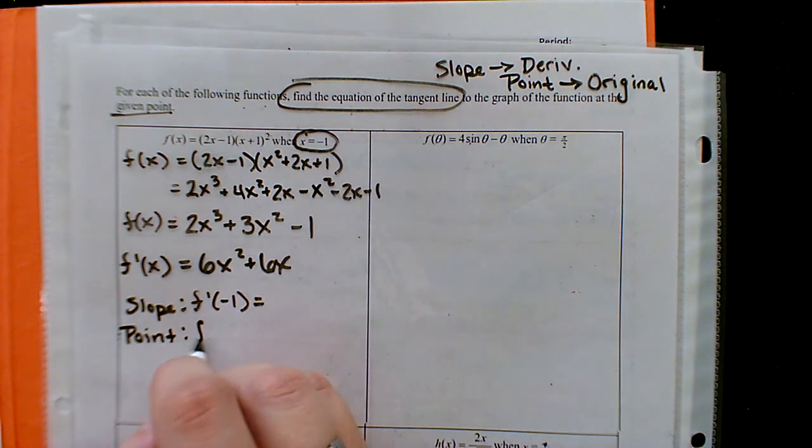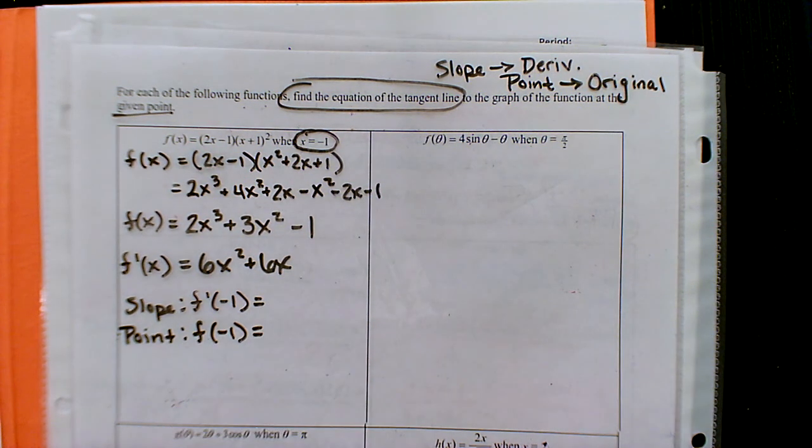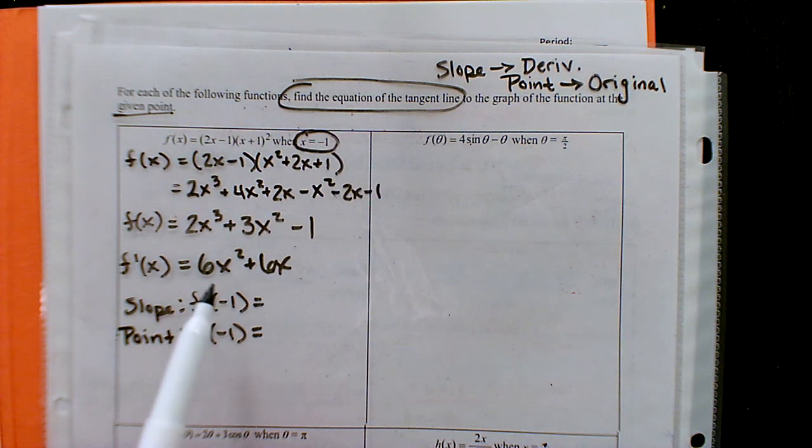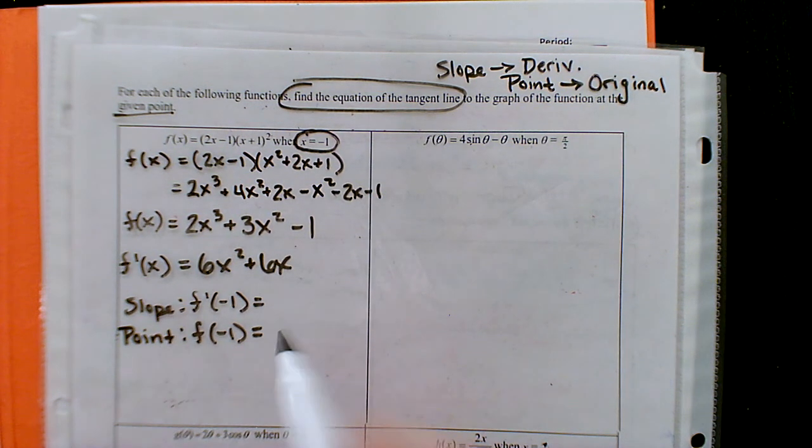And we'll plug -1 into the original equation to get the height, or the y value, at that location. All right, so if we plug -1 into the derivative, we'll get 6 minus 6, which is 0.